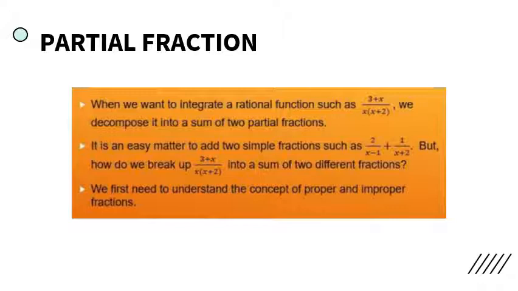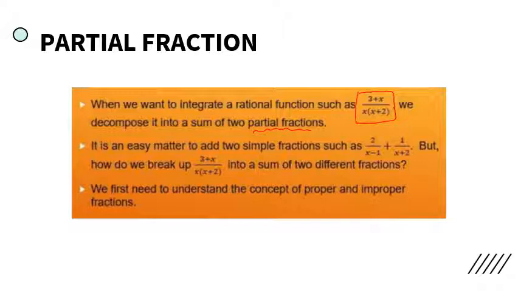When we want to integrate a rational function such as (3 plus x) over x times (x plus 2), we decompose it into a sum of two partial fractions. It is an easy method to add two fractions such as 2 over (x minus 1) plus 1 over (x plus 2).